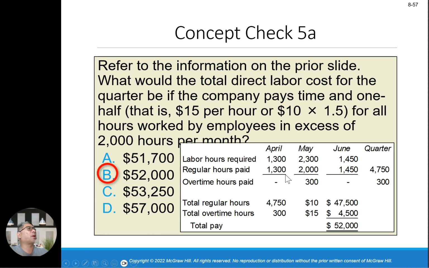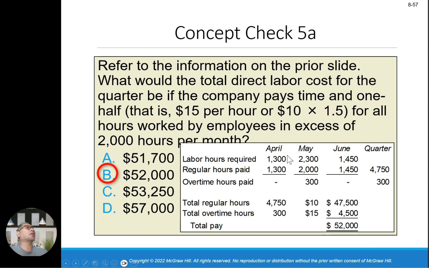You add all of them up here. So 4,750, and you got 300 here. The regular time is 4,750, and then the excess is here in May, 300 overtime at $15, 4,500, so you get 52,000.